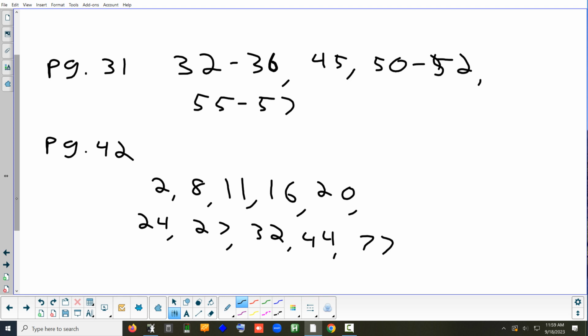And then the questions on page 42, that's on slope, y-intercept, graphing inequalities, shading above, shading below. 32 to 36, yeah. And we will take a look at that tomorrow.